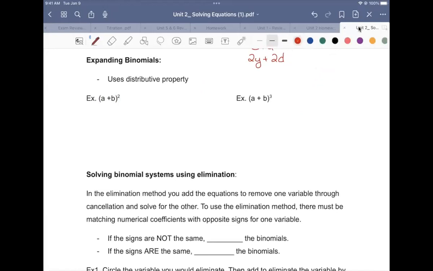All that it means is that we're going to use the distributive property. So for instance, I would just rewrite this as a plus b times a plus b, and then I'm going to use my distributive property through. This would be a times a is a squared, a times b is ab, and then here, b times a is ba, b times b is b squared.